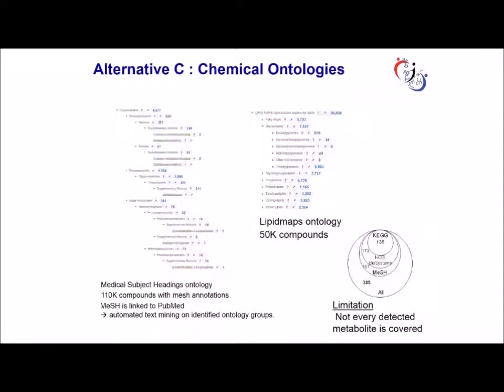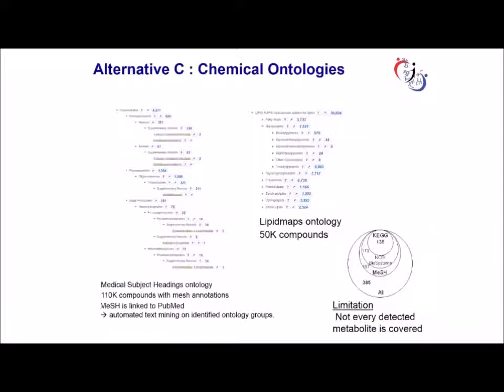Alternative C, chemical ontologies. I want to highlight two major ontology databases for metabolites. Number one is MeSH, the Medical Subject Headings ontology, which has almost 110,000 compounds in it.